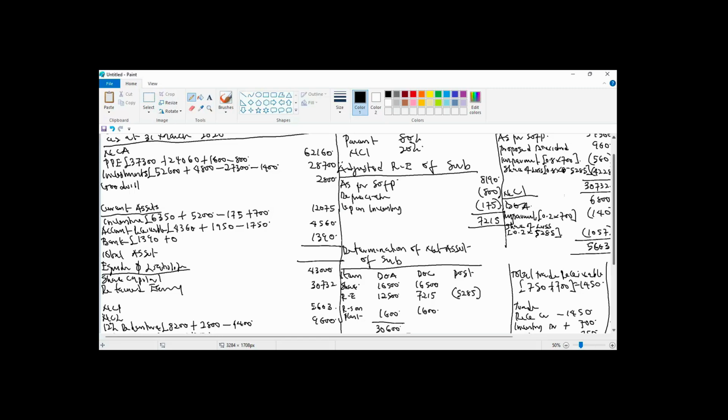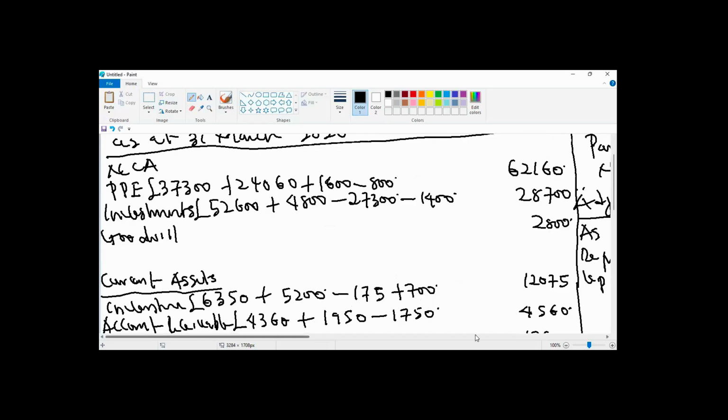Now look at the account receivable. This is 1,950, no 1,750. I think that is the problem. Let's see. Is this account receivable 300 naira? 1,950. It's supposed to be 4,000.